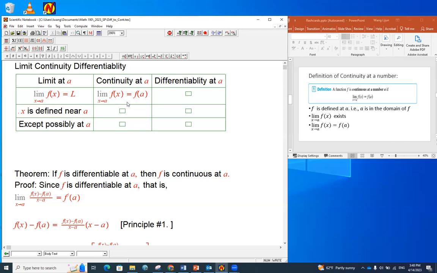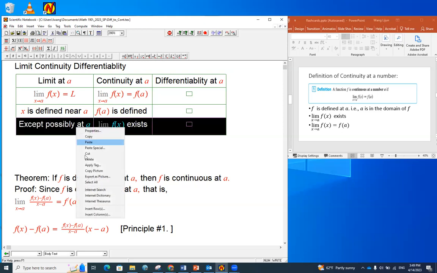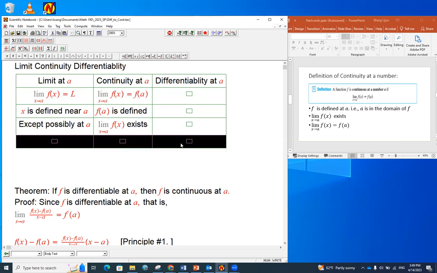First, f must be defined at A, f of A is defined. Second, the limit exists. And third, the two are the same. So we actually don't really need this last row.